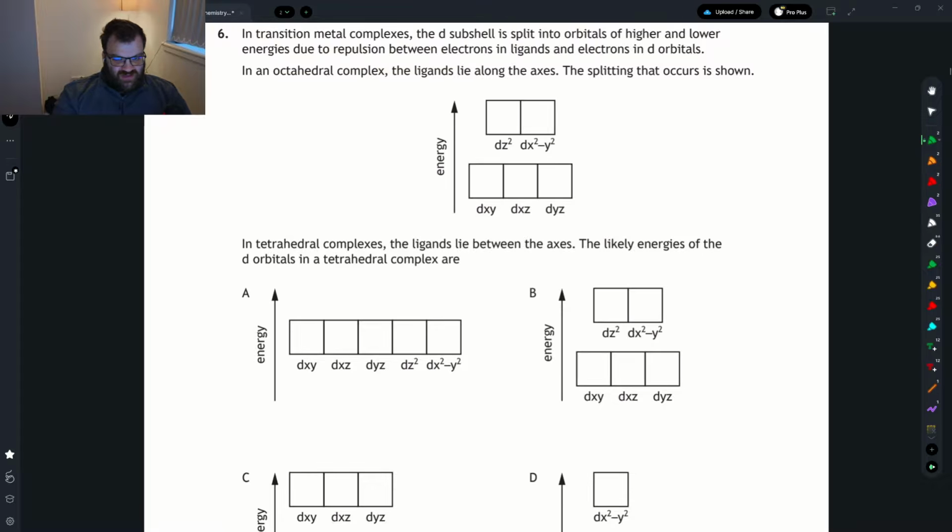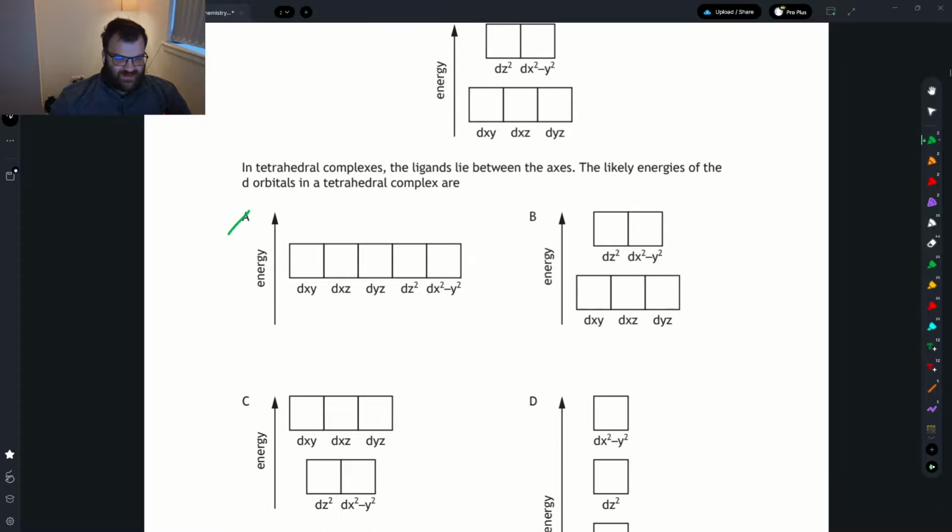In a tetrahedral complex, the ligands lie between the axes. In transition metals, there are electrons in the ligands and electrons in the d orbitals, so there will be some splitting. This would be when the metal is by itself.